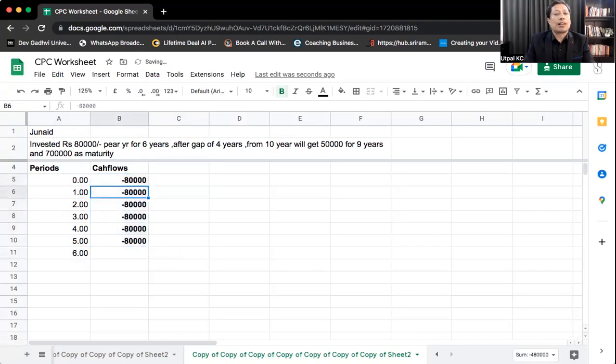Six years means up to 5. After a gap of 4 years: 6, 7, 8, 9.